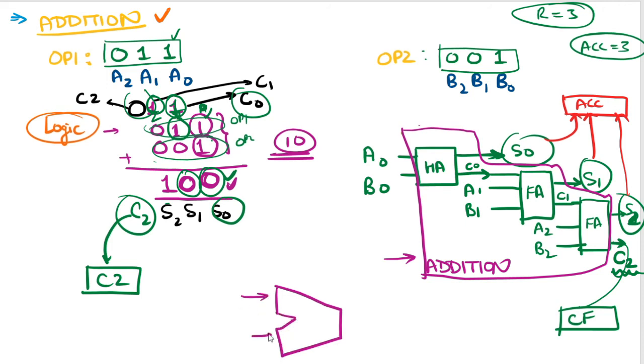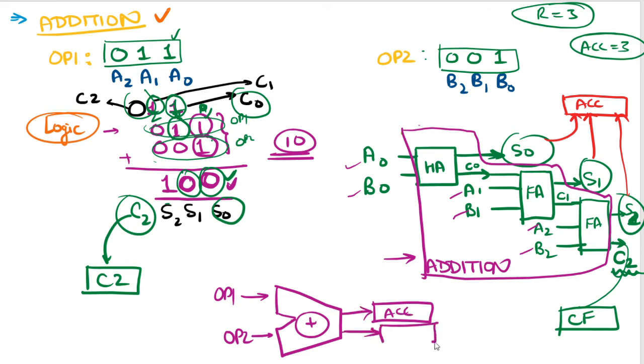We are giving a0 b0, a1 b1 and a2 b2 as input, so we are giving operand 1 and operand 2 as input, and it does the operation and provides the result S0, S1, S2 in the accumulator, and it provides the carry information in the carry flag, right? So this is how an addition operation is logically implemented using half adder and full adders.